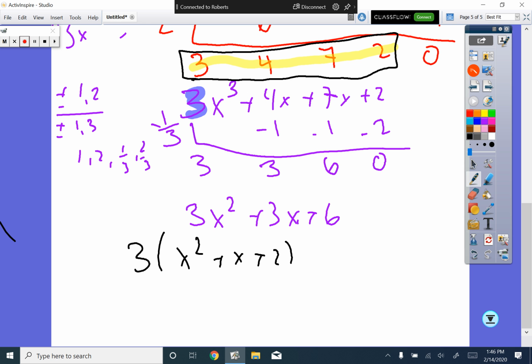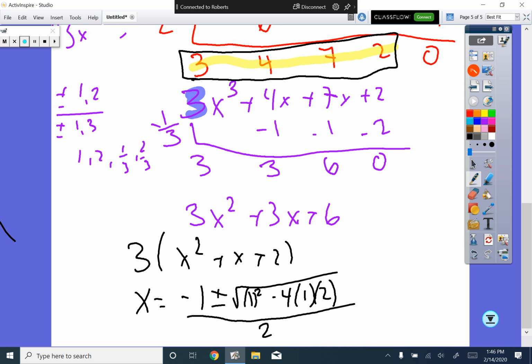Quadratic formula or completing the square. Whatever you choose. I'm going to do quadratic formula. So here we go. X equals -b plus or minus square root of b squared minus 4ac all over 2a, which is just 2.